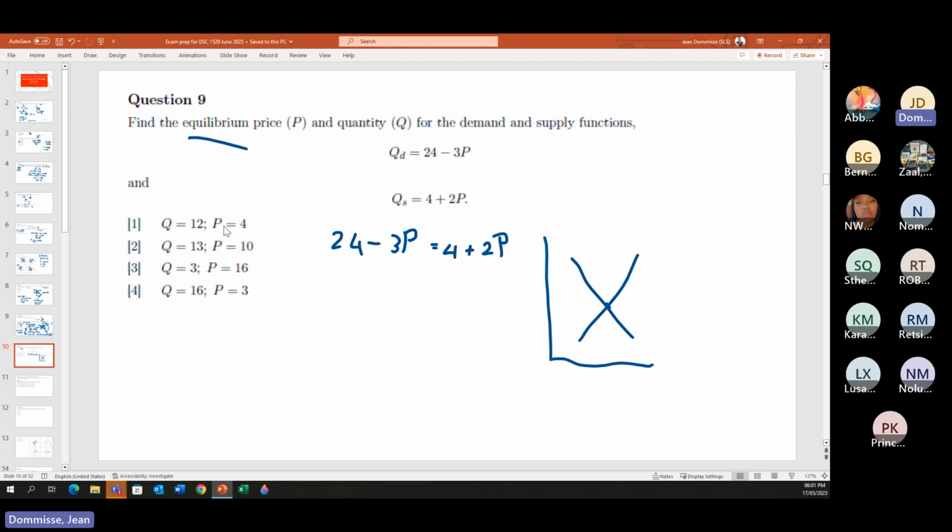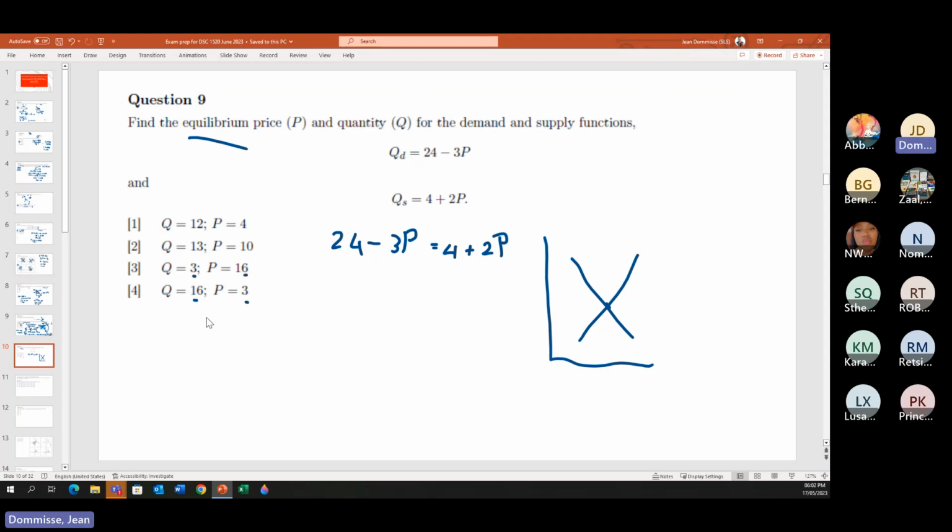Again, if I look at the options here, there's a few that already tell me there is some overlap, so just be careful when you work it out. Nothing that I can eliminate from the start.